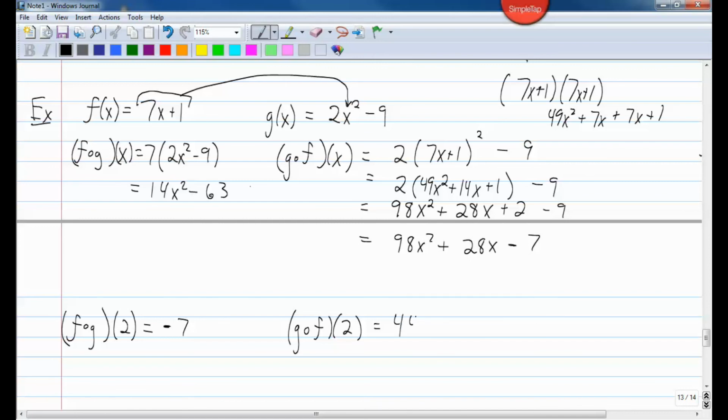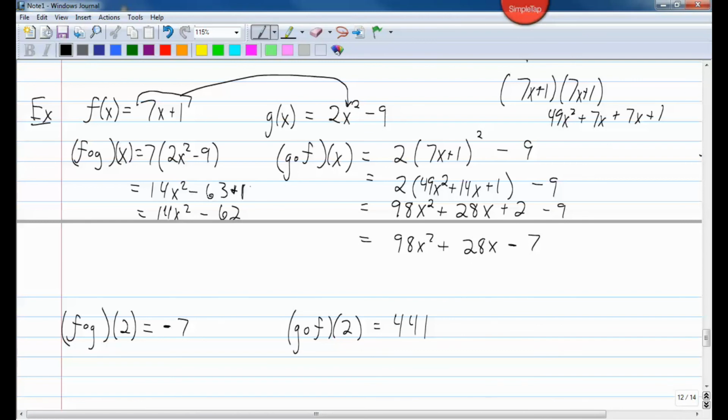Alright, so I got 441. Now I could use the shortcut when working out this part right here if I wanted to. What's the shortcut? Take the 2 and plug it in up here. So that would be 14 plus 1 is 15. Then you have to come over here and plug in a 15. So 15 squared times 2 minus 9. And I get 441. I get the same answer. Okay? So that is composition of functions.